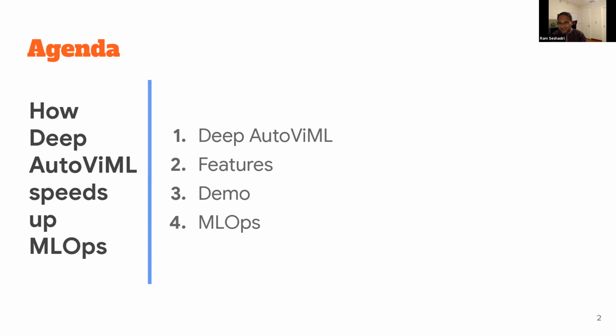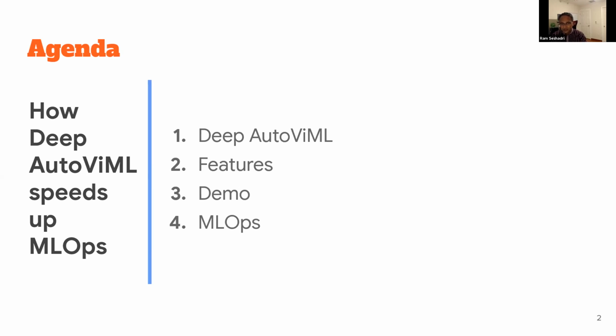ViML was a brand I grew up with in India, a very famous brand, and there's an ad that goes like this: only ViML, and so we all grew up loving ViML. So when I had the opportunity to name my library, I just decided to give it a name which I thought would be cool. But AutoViML is a name, and when I found people having difficulty pronouncing it, that's when I realized it's probably not such a great idea. Deep AutoViML is just a variation of that.